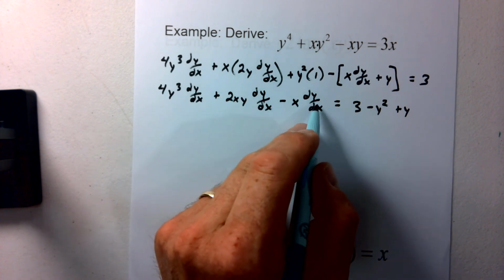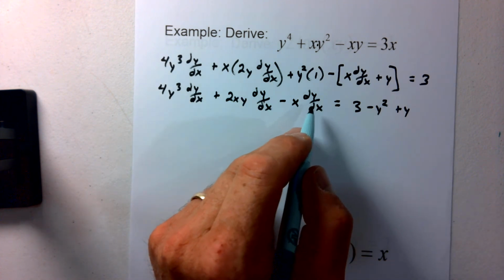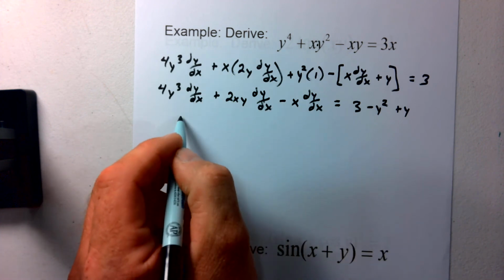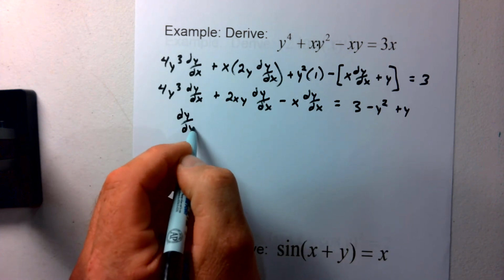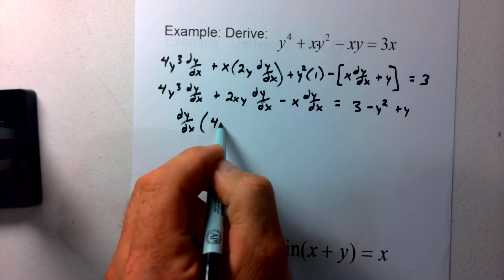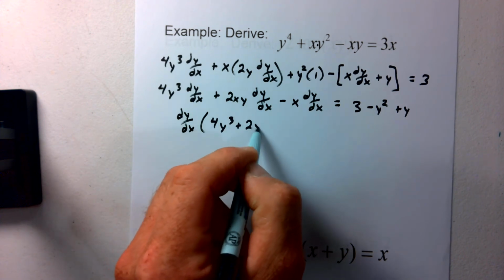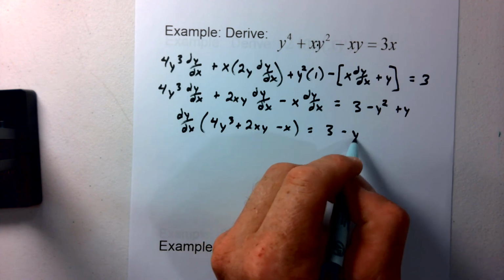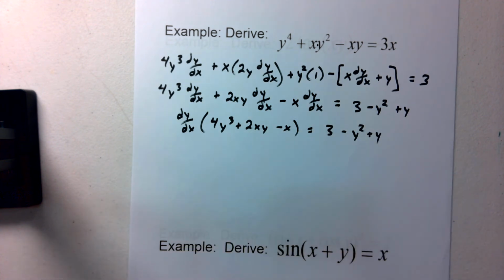Now we have all of our dy dx's on the left side. I want to get down to one dy dx, so I can factor out a dy dx on that left side. So I have 4y to the third, my 2xy, and my negative x. And that's going to equal 3 minus y squared plus y.